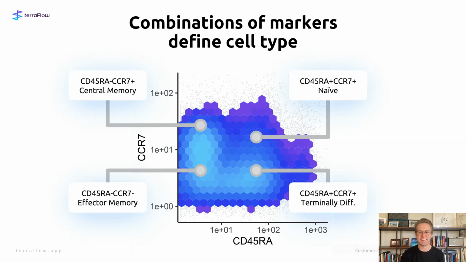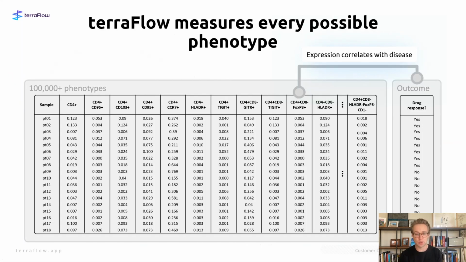So what terraFlow does is take that idea of combinatoric gating and blow it up to a much bigger scale. Because what we do is we take not just the combinations that we're used to looking at, but we take every combination of 1 to 5 markers that you could possibly form within your data set. So if you have 20 protein markers, you can get something like 200,000 combinations.